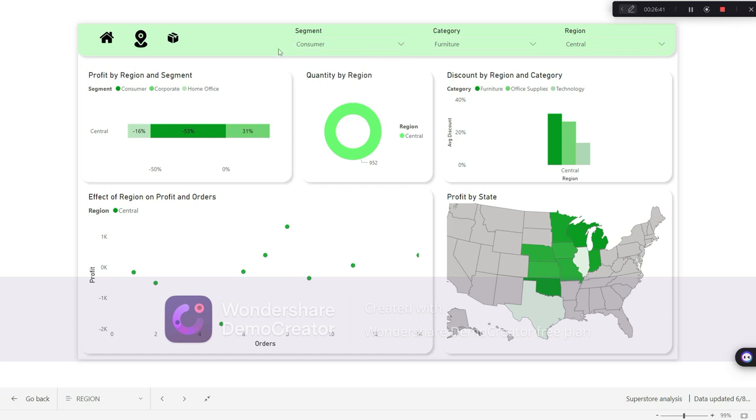but we sold nearly 952 quantity to the central region. On that, the corporate segment made 31% profit, and we give furniture 31% average discount, office supplies 27%, and 14% to the technology.